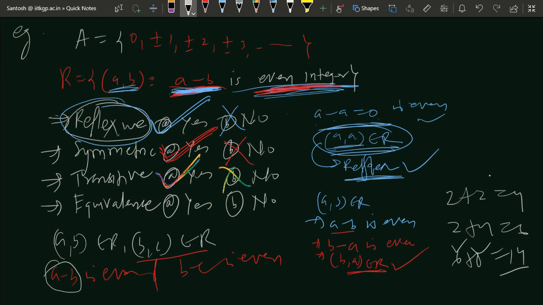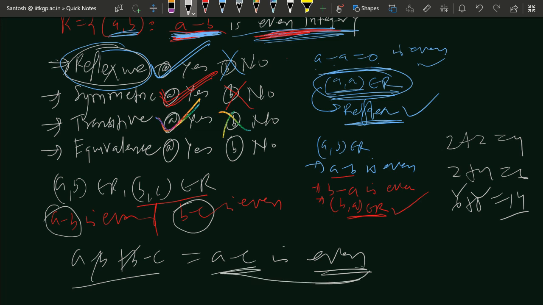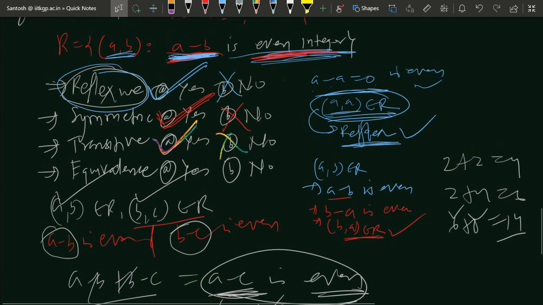Since A minus B is even and B minus C is even, adding both, A minus B plus B minus C gives A minus C, and that is also even, because the sum of two evens is even. So A minus C is even, which means (A, C) belongs to R. So A is related to B, B is related to C, and A is related to C. This means it is transitive, and since it is reflexive, symmetric and transitive, it is an equivalence relation.